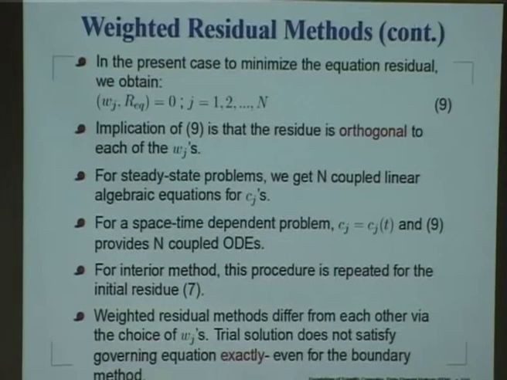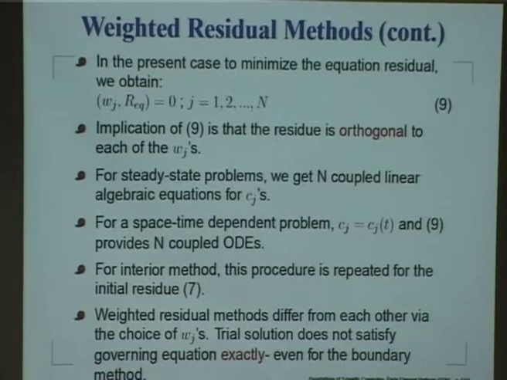Well, whenever you have such a norm equal to 0, what does that mean? That means that these weights Wj's are orthogonal to this solution residue. That's the mathematical definition of orthogonality, right? If I have two functions that are orthogonal to each other, I can take a product of them and integrate over the whole domain. If they are not correlated, the integral should turn out to be 0, right?